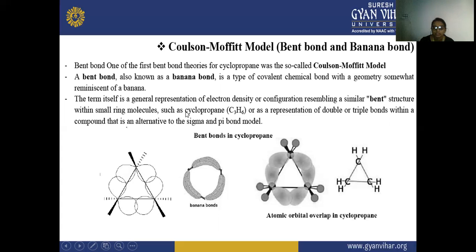In this case, the term bent bond or banana bond is a general representation of electron density. It shows electron density or a configuration resembling a similar bond within a small ring molecule such as cyclopropane.